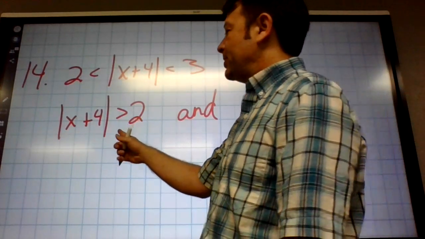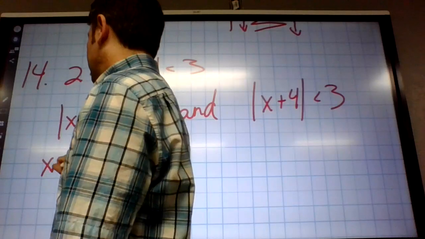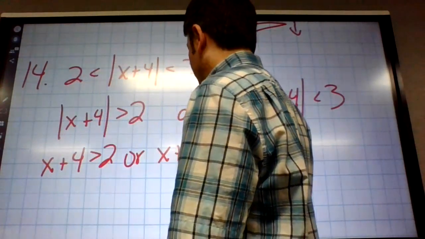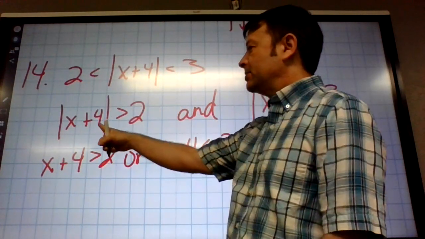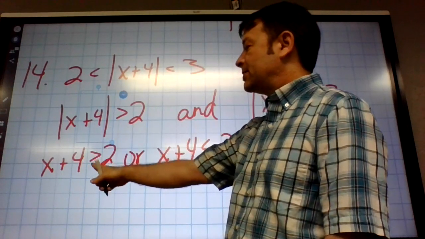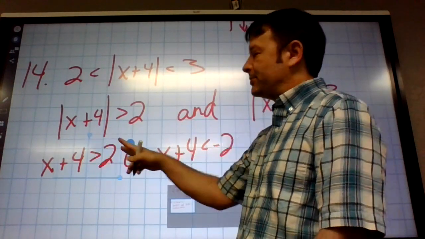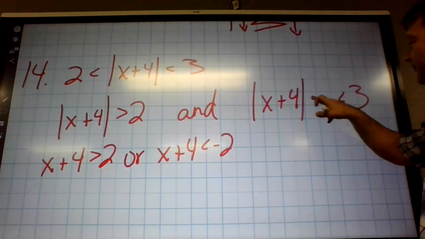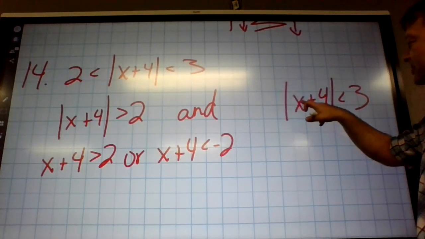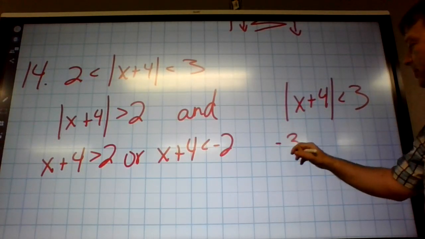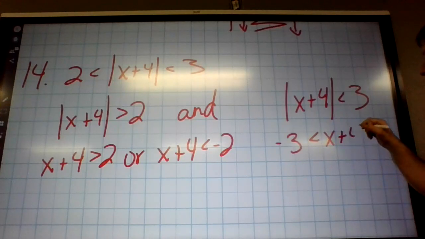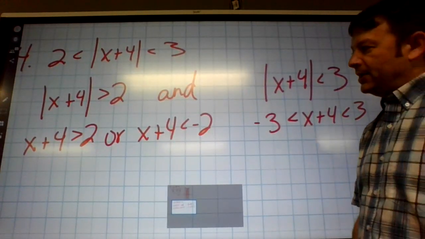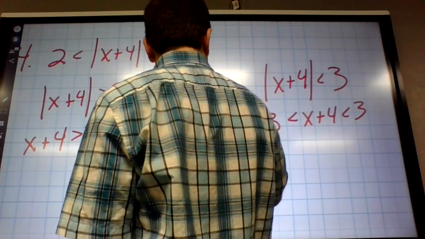So to set up a greater than, it's an or. You guys remember that? You do need to know this part. Absolute value greater than sets up as an or. This is from Thursday also, and last year in algebra 1. And if it's a less than, like the last problem, it sets up between. So -3 less than x plus 4. And then you solve all these things.